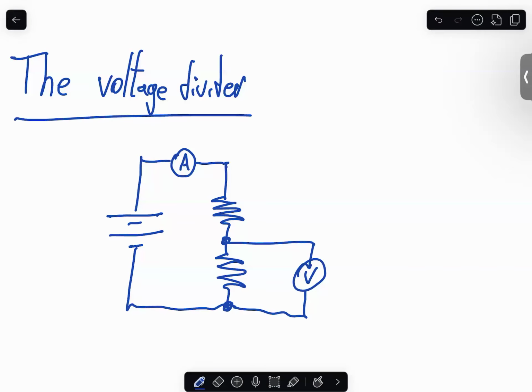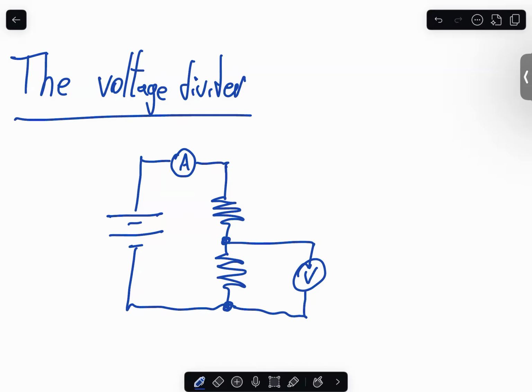I define series as what? No other path. Connected but no alternatives, no junctions, no splits, no alternate routes. Whatever leaves that battery had better flow in the ammeter, had better flow through the first resistor.